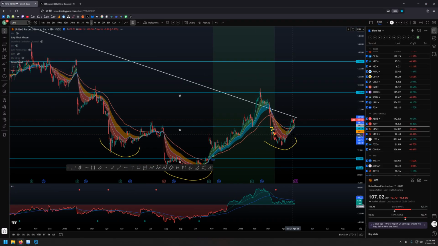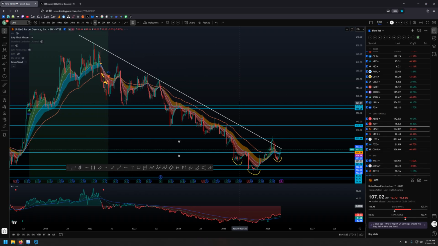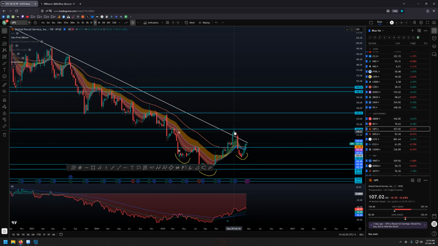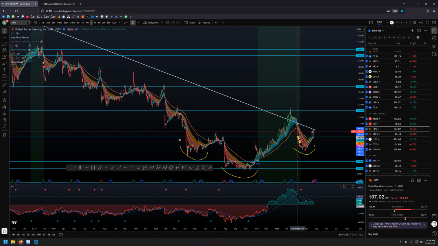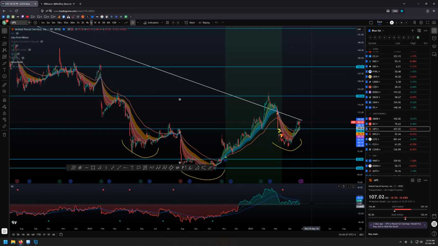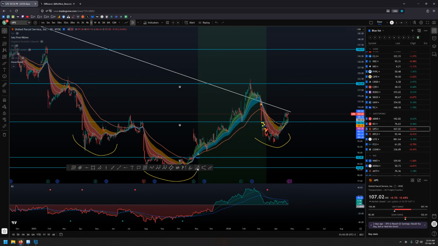Okay, UPS. Again, I posted this one as a good idea a couple of weeks ago, like an inverted head and shoulders. It's more visible on the weekly, basically here, here, and the shoulder, and it's looking okay so far. But we have a red crossover, and it has underperformed the market in the past week or so.